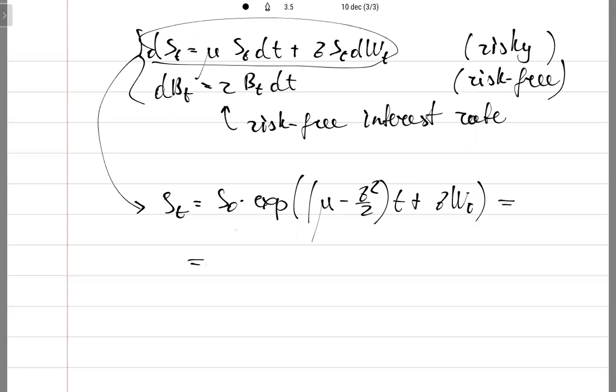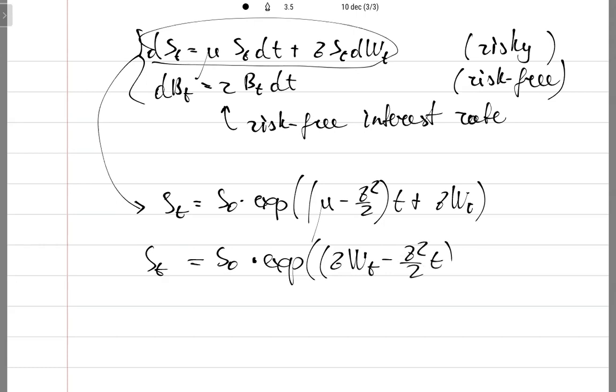We can see that the share price can be decomposed into the product of S0 times exp(sigma Wt minus sigma squared over 2 t), multiplied by exp(mu t). And here we can see the sense of mu. So what is that first factor? It's a martingale.